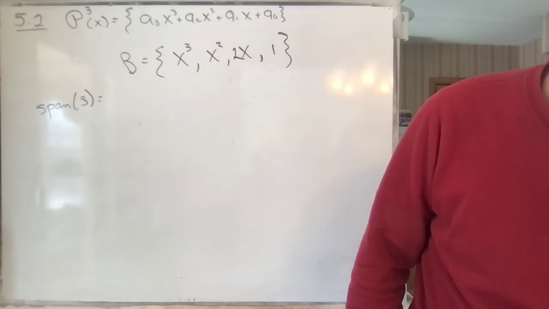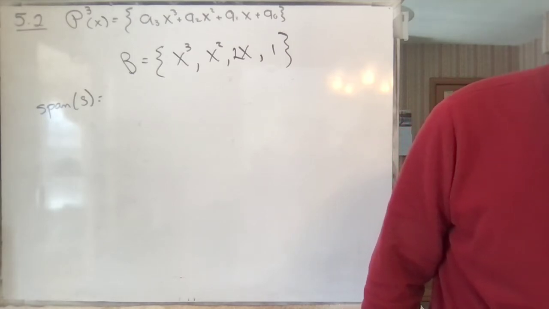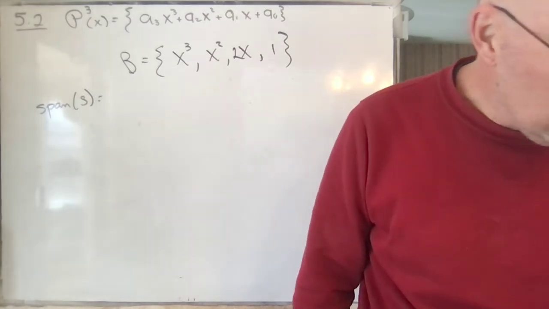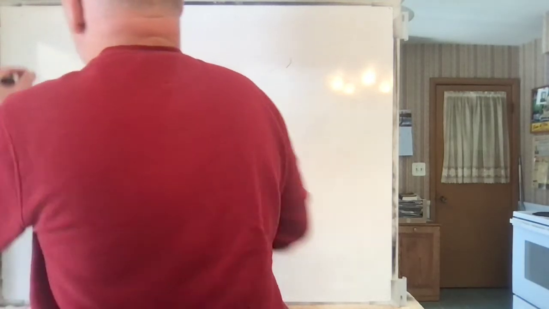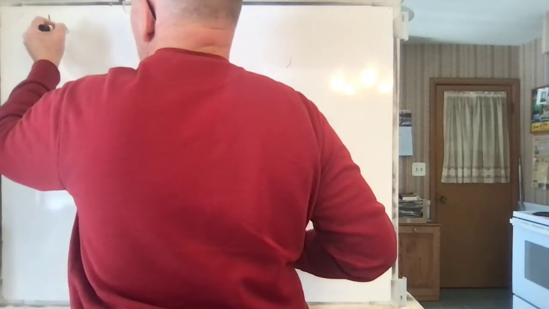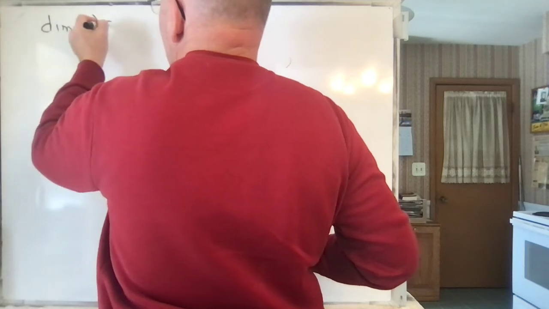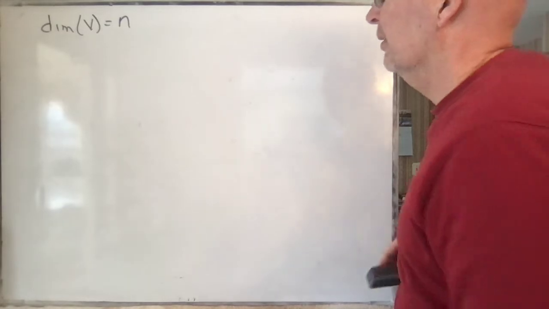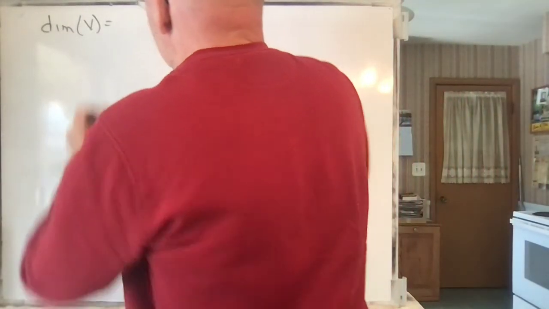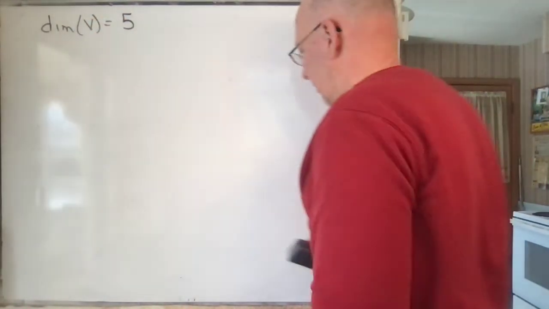Okay, let's go on to 5.2.14, and let's just get started on some of those. Here's what you're told. You have a vector space, and the dimension of the vector space is n. N is some fixed number. Let's just choose it to be 5, to be very concrete.